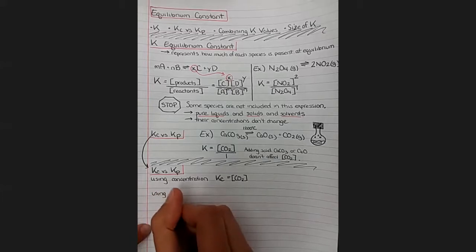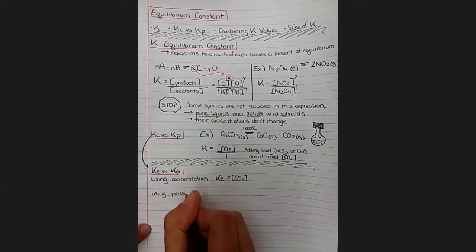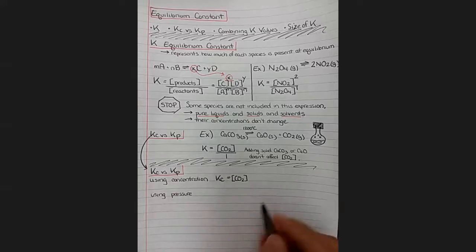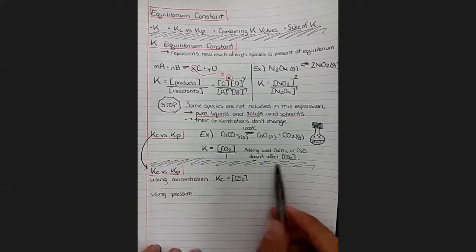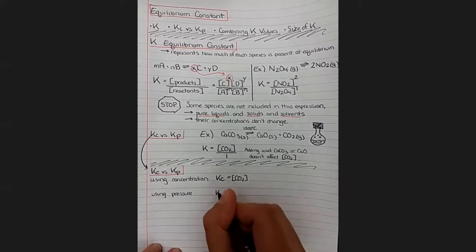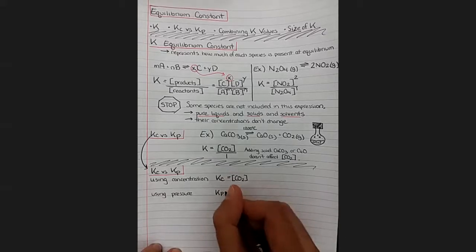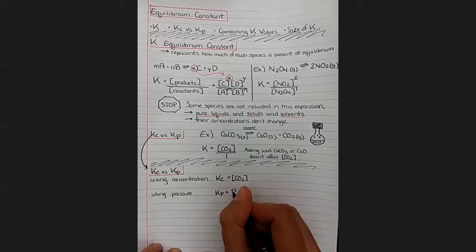And if we're using pressure, we can write the equilibrium constant more appropriately for a gas. And so we'll call that the Kp, the equilibrium constant in terms of pressure.